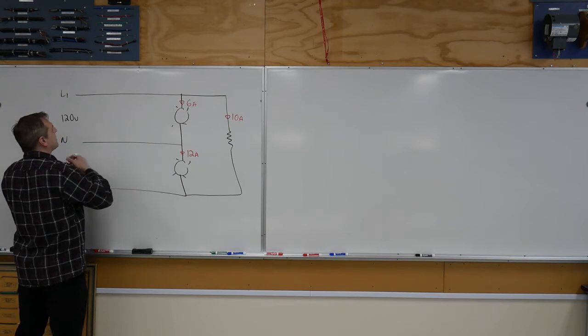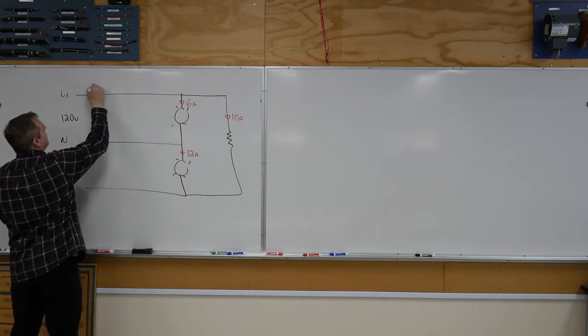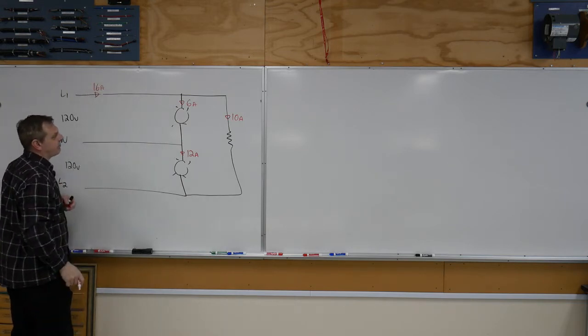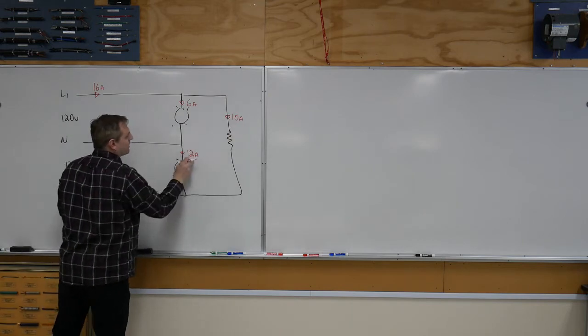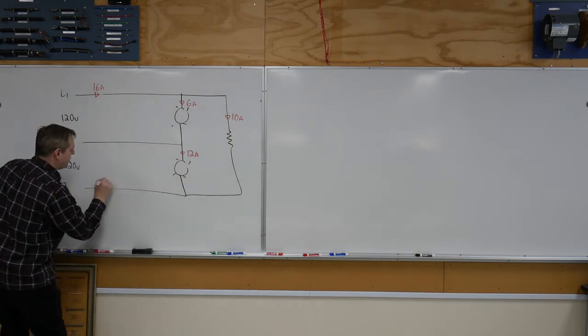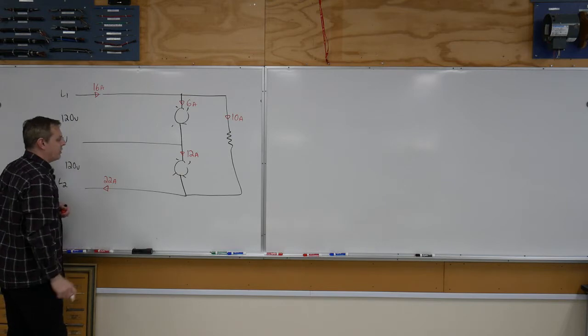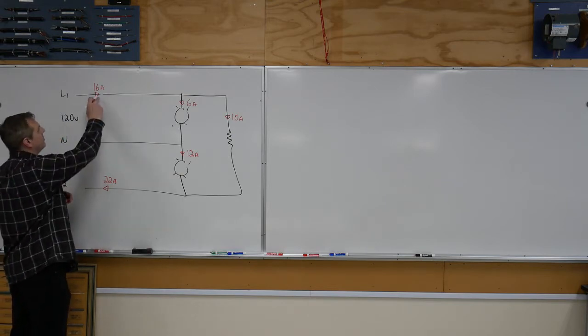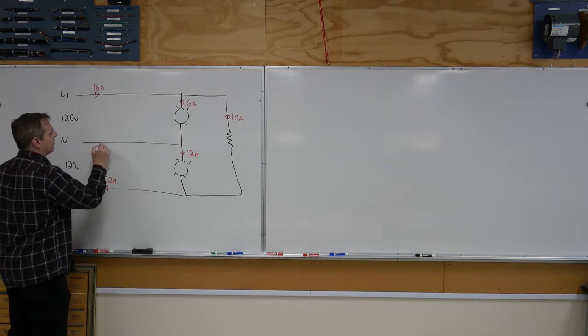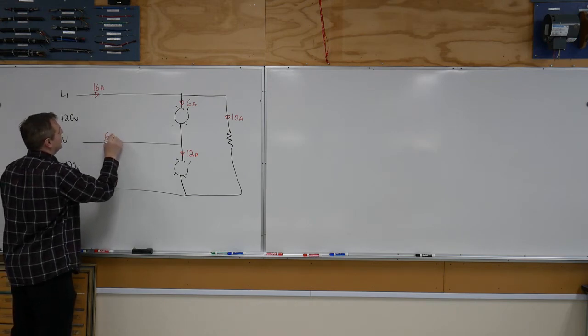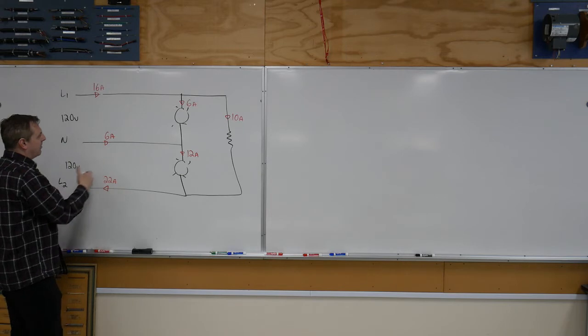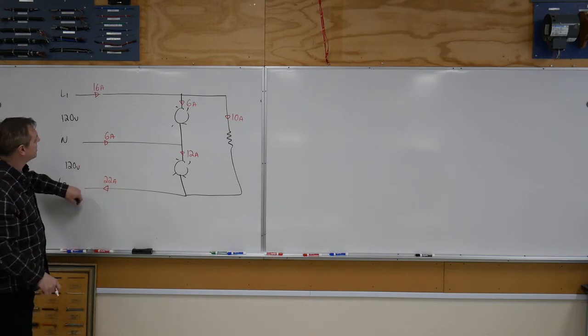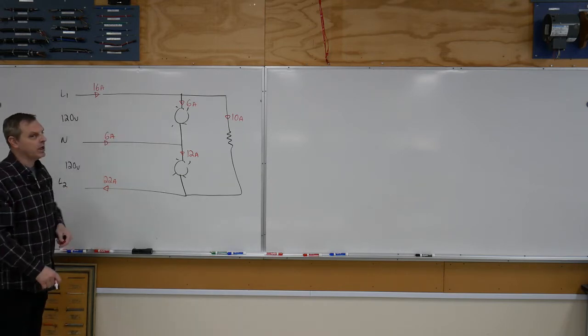We could go the 10 plus the 6, giving me 16 amps leaving there. The 10 plus the 12, having 22 amps returning back. The difference between the 22 and the 16 is going to be 6 amps. Whatever leaves has to come back, so if we had 22 returning, we have to have 22 leaving.